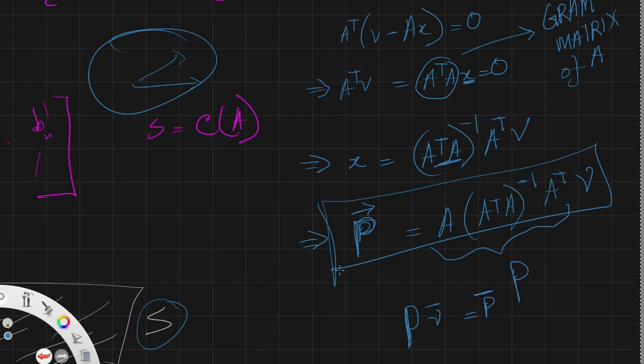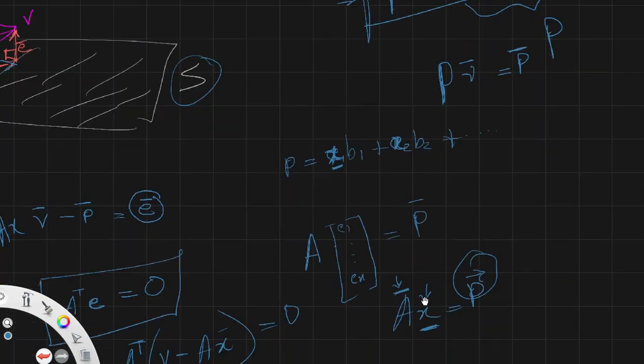Now we mentioned two properties. Let's get this cleared up. What is the projection matrix? Projection matrix is A, A transpose A inverse, A transpose, right? So we mentioned that P square is also equal to P. So what is P square?